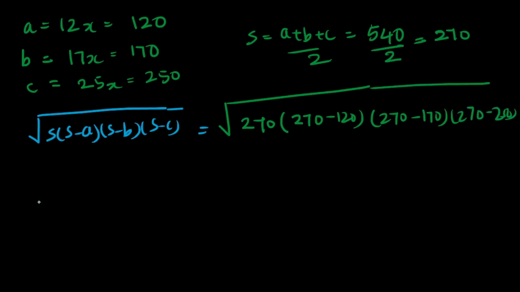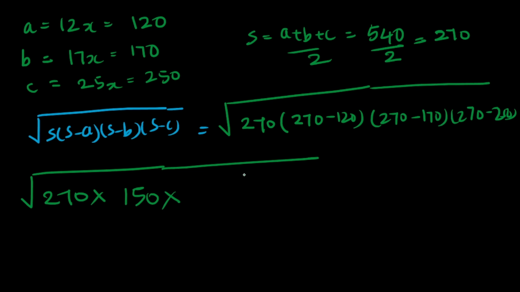Okay, now what's next? We have root of 270 into 270 minus 120, right? That is 150. Into, we have 270 minus 170, right? So 270 minus 170 is 100, into 270 minus 250, that is 20. We need to simplify this.